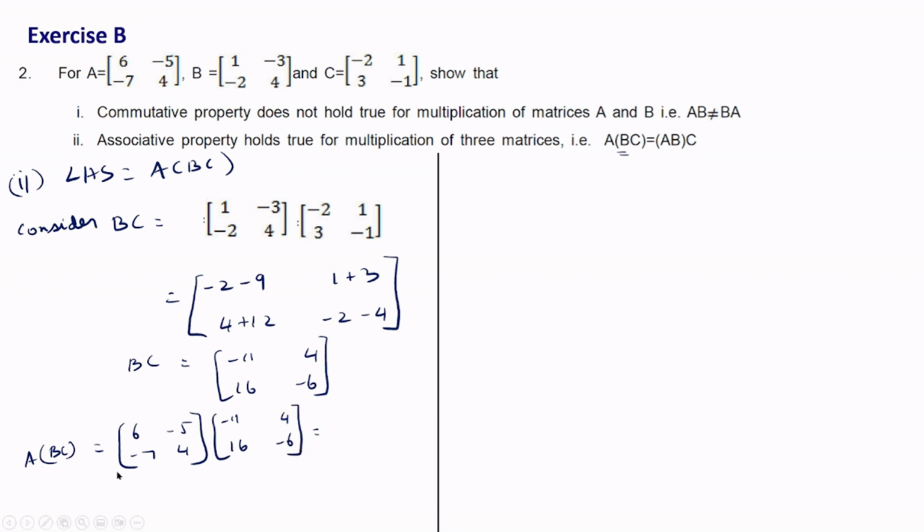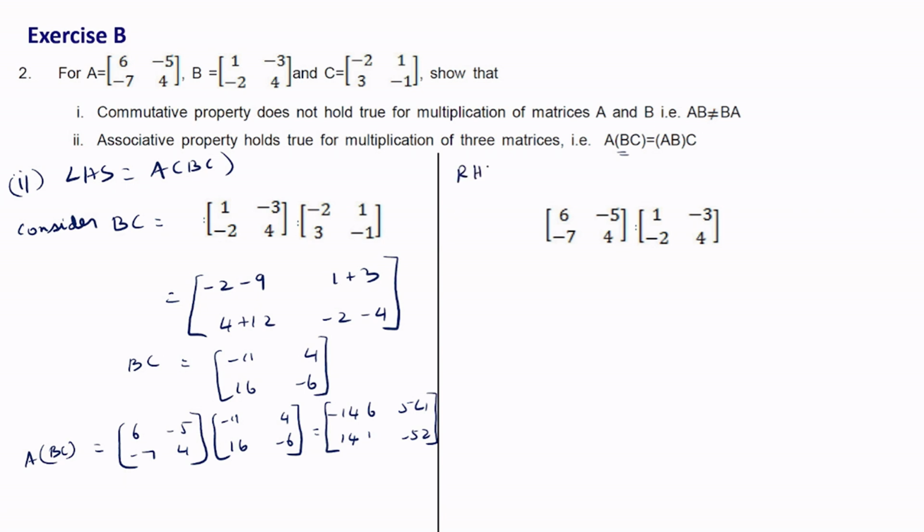So this is minus 66 minus 80, minus 146, and then it is 24 plus 30, 54, and then it is 77 plus 64, 141, and here it is minus 28 minus 24, minus 52. So this is A into BC. Now let us find AB into C.